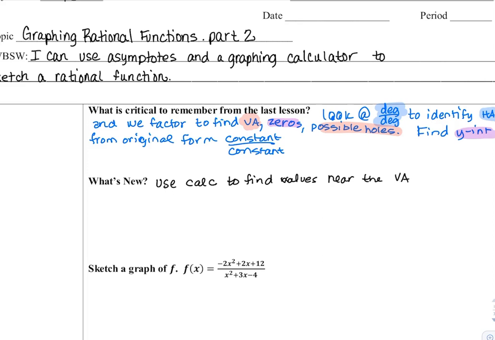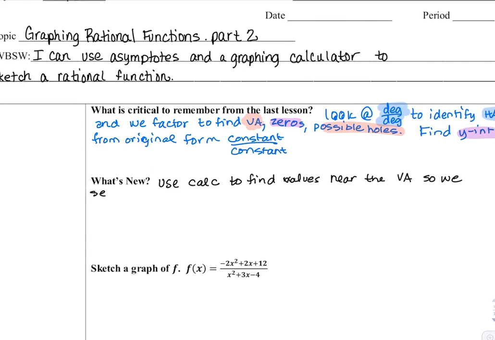So we can see their behaviors, we can see the behavior of the graph. What is it tending to do as we near the asymptotes, horizontally or vertically?